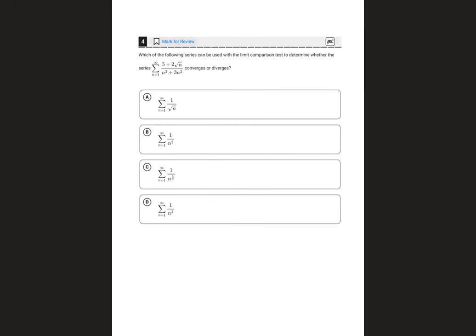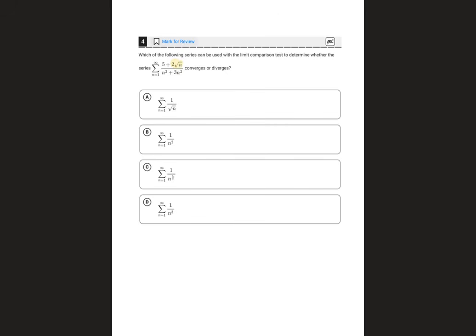Okay, which of the following series can be used with the limit comparison test to determine whether the series converges or diverges? Alright, so since we just have constants and powers of n in the top and bottom, we're really just going to look at the terms that have the biggest exponents on the top and bottom.